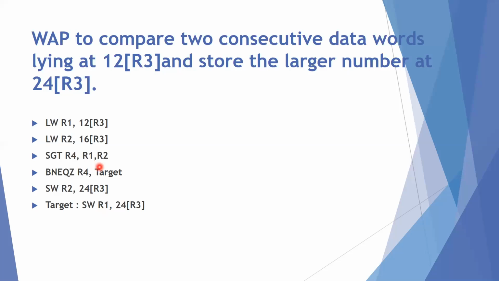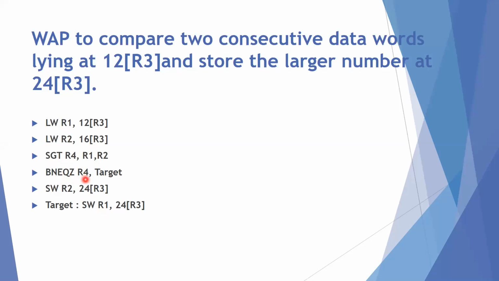Yes, ma'am. So I've loaded the two numbers in R1 and R2, and then I have compared. So this says if R1 is greater than R2, R4 is set to 1. If R4 is set to 1, this means it is not 0, right? From the previous instruction, R4 will be set to 1 if R1 is greater than R2. This means it is not 0 right now.